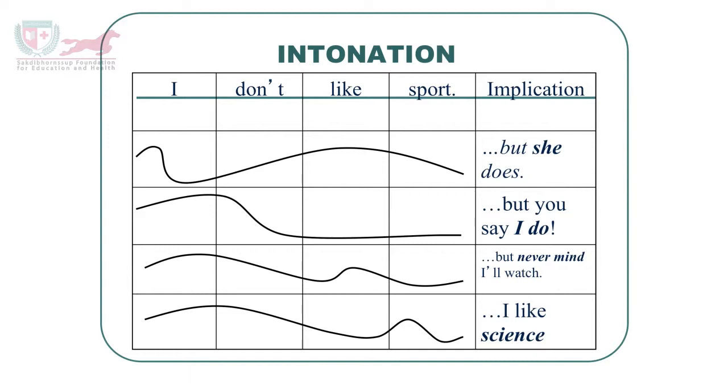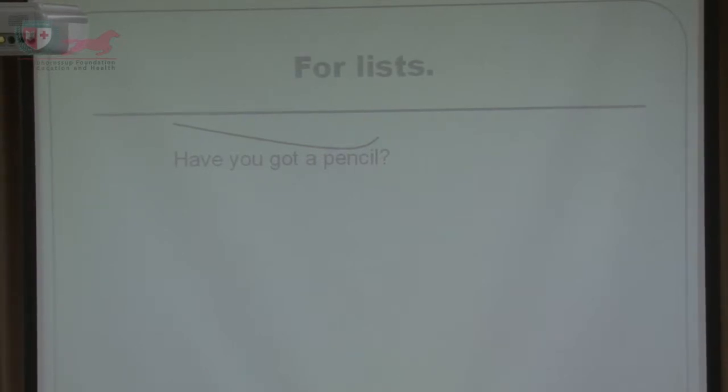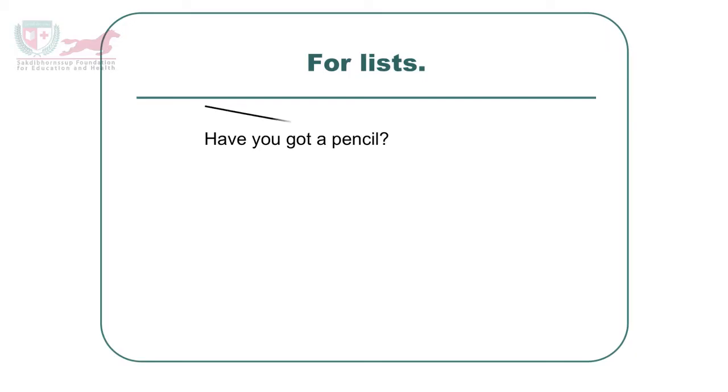Have you got a pencil? But the intonation for yes-no question. Have you got a pencil? Have you got a pencil? Pencil, not pencil, pencil. Have you got a pencil?